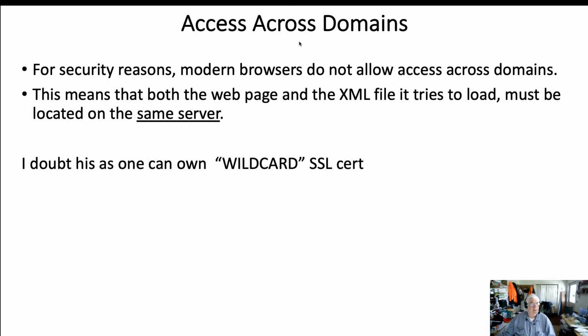It definitely has to be on the same domain, but you can buy wildcard SSL certs so that you can use the same SSL cert for stober.com and data.stober.com, and so you can have lots of different servers all on the same SSL cert. And as long as you're on that same SSL cert and in the same domain, I believe that you can run these AJAX requests.